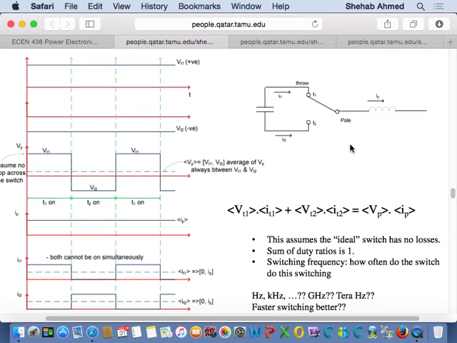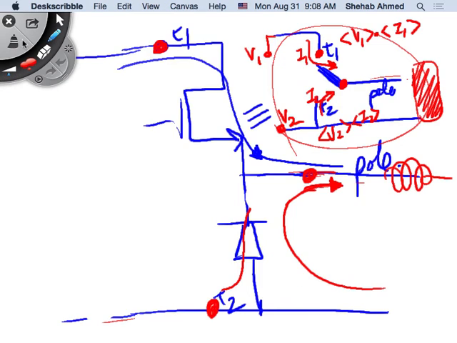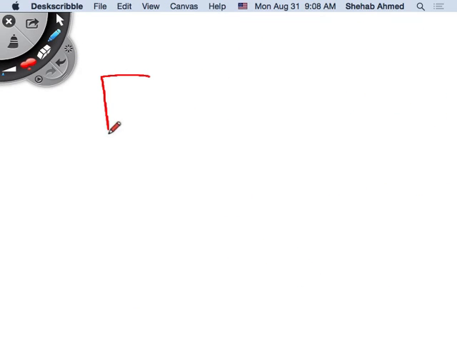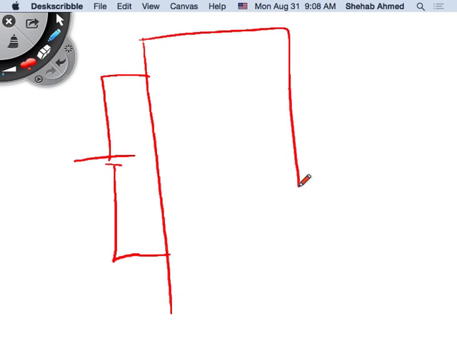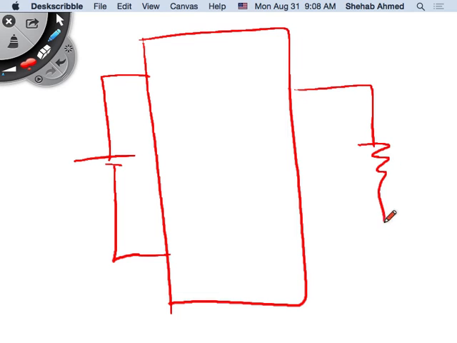So what does this tell us? This tells us that I've created a power conversion device. I've created a conversion device that takes, let's say I have a power supply, in this case a battery here. I can connect a switching power converter or switching power topology and then connect a load.